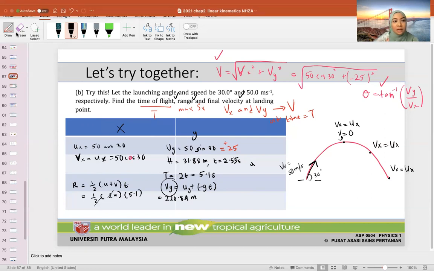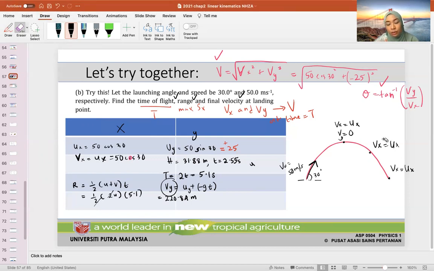My point here is acceleration in the X direction is 0. Therefore, your velocity does not change. Okay, so everyone should be okay with that, right? So Vx equals Ux at all points. Okay, so that's the first point. Now, why here is it 0 and then we got a value?